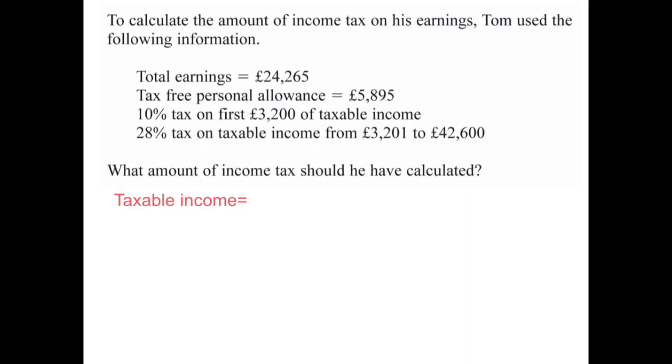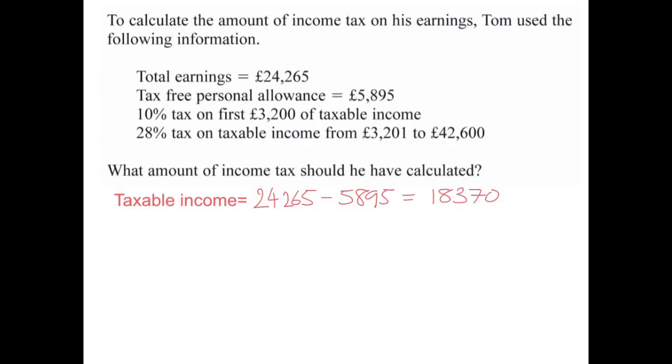First of all, his taxable income is whatever his full pay was, so that's 24,265, minus whatever his allowance is, so 5,895. And so in total he has a taxable income of £18,370.